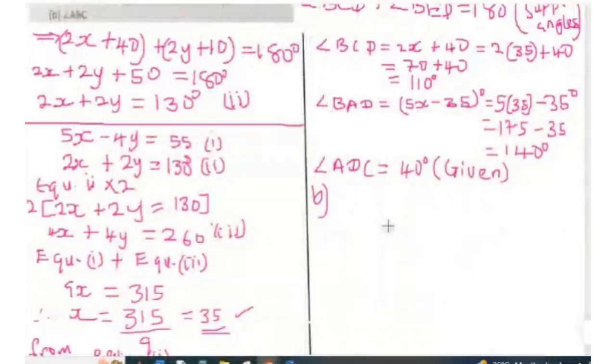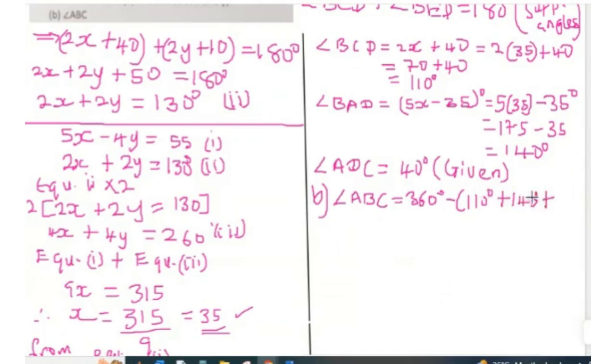Angle ABC will simply be equal to 360 degrees minus angle BCD, which is 110 degrees, plus angle BAD, which is 140 degrees, plus angle ADC, which is 40 degrees.